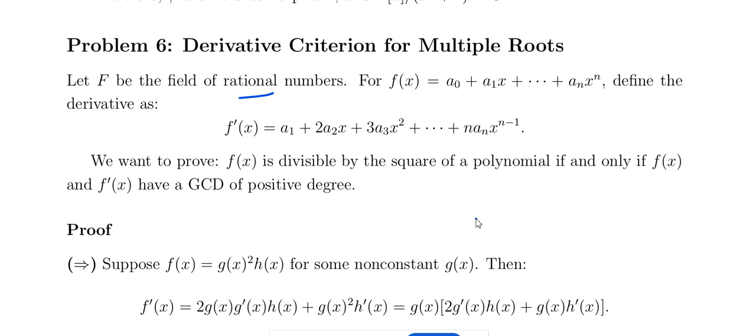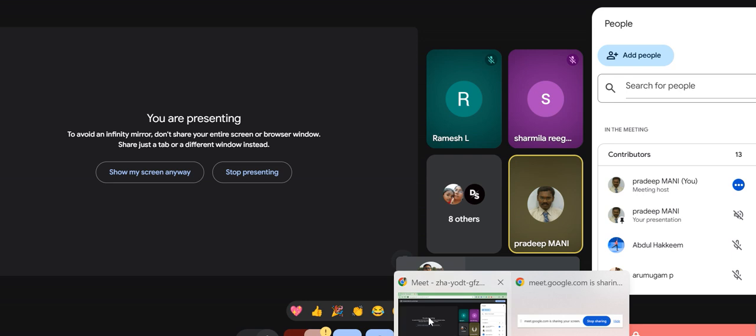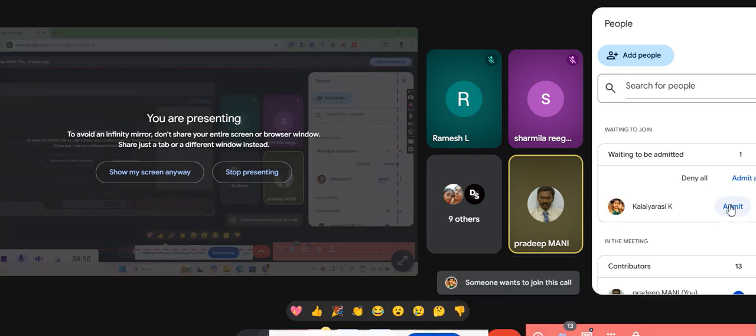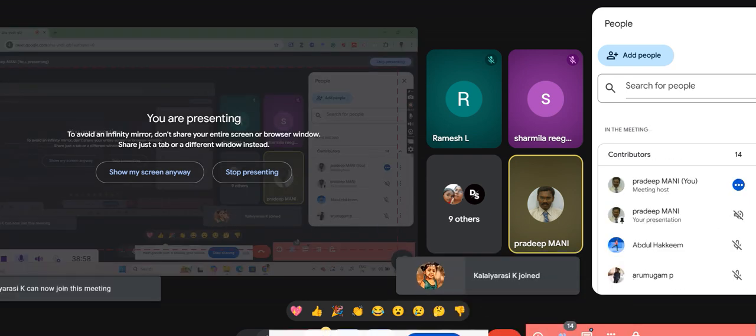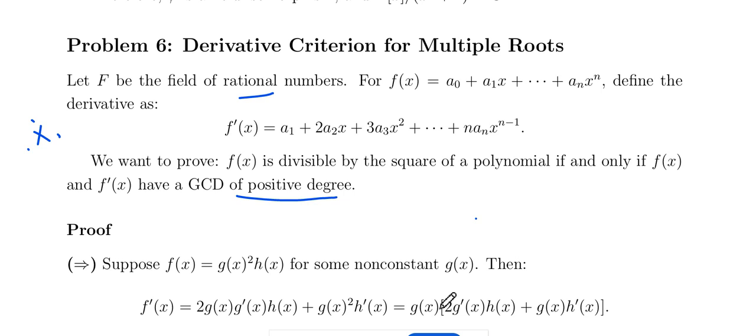Then f of x is divisible by the square of a polynomial if and only if f of x and f dash of x have a GCD of positive degree. It's an important idea. So what is the derivative criterion for multiple roots?